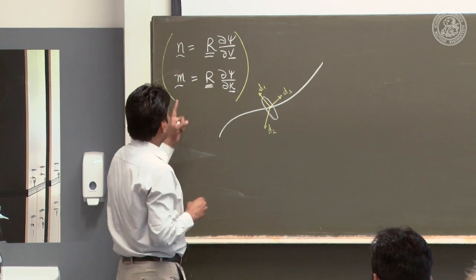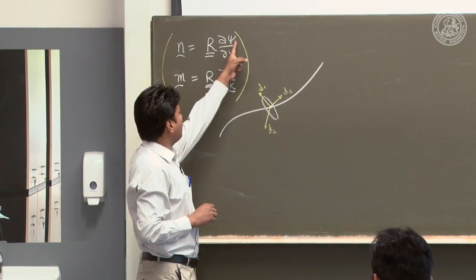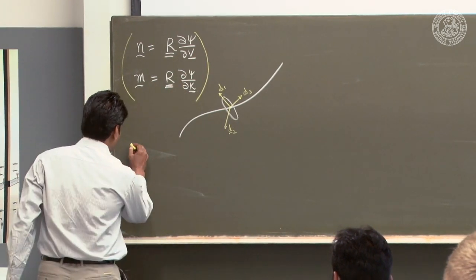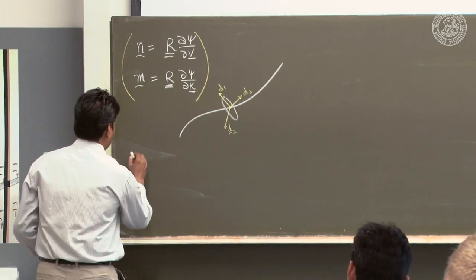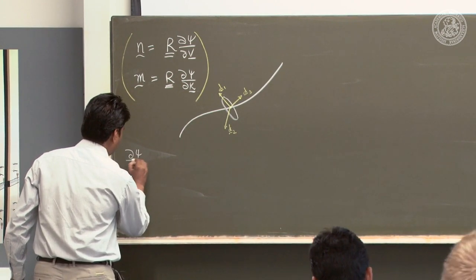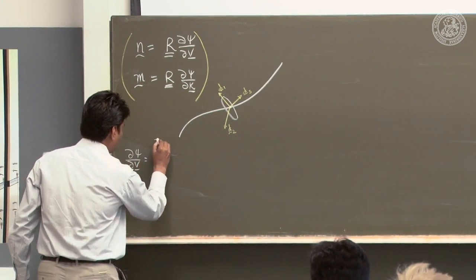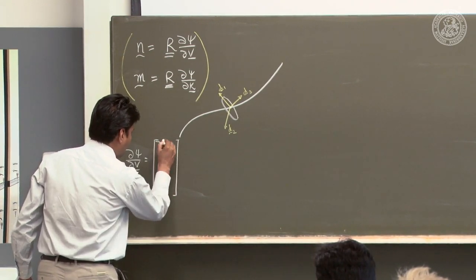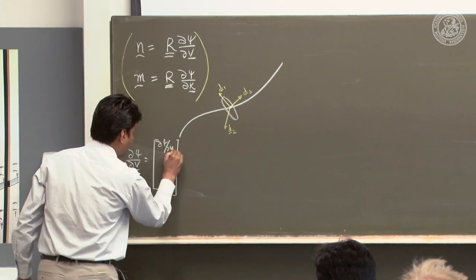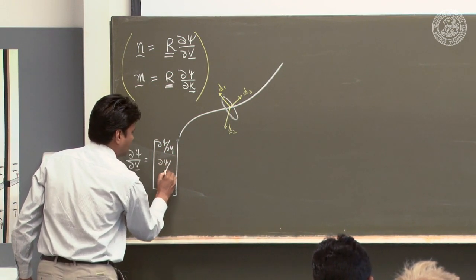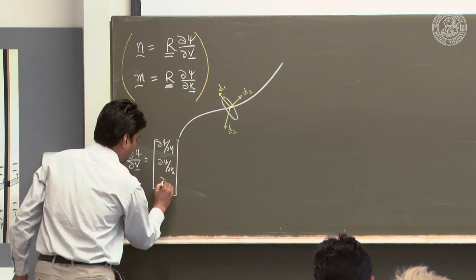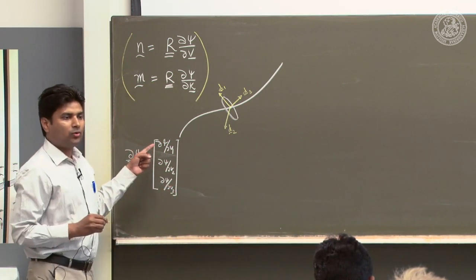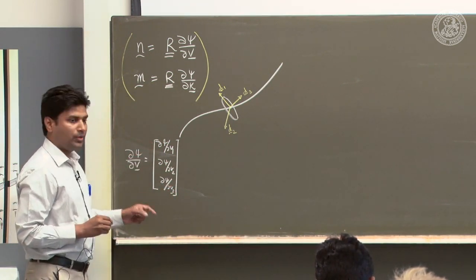And then what's the meaning of del psi by del V1, for example? If I write down del psi over del V in terms of its three components, it's del psi over del V1, then del psi over del V2, and del psi over del V3. So what do each of these three components mean?